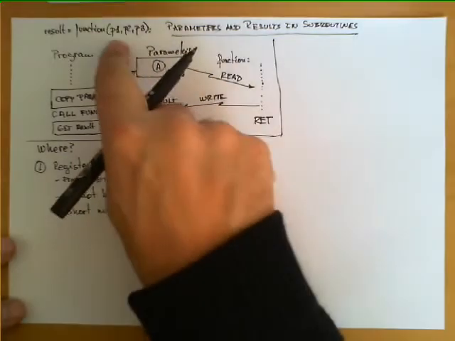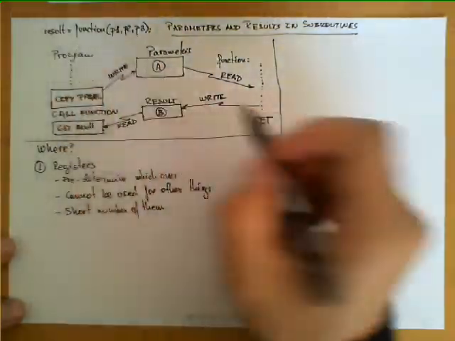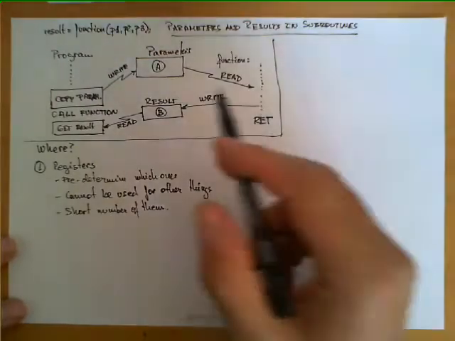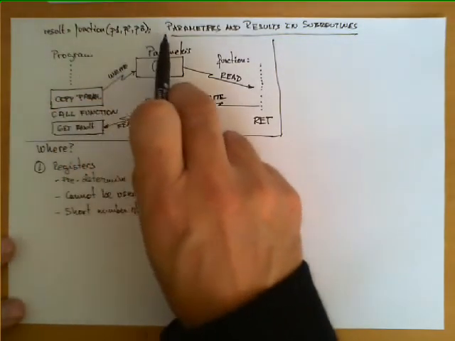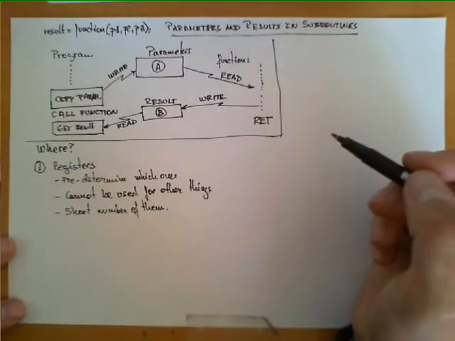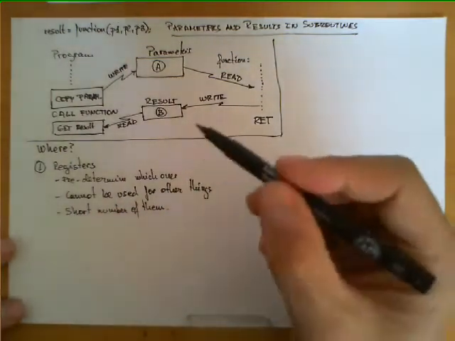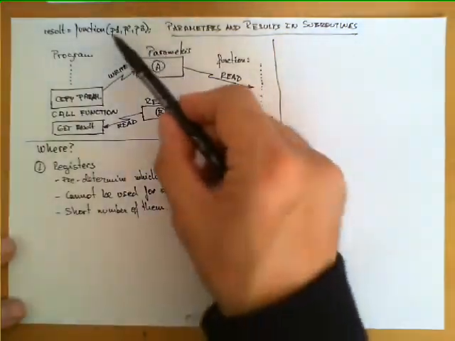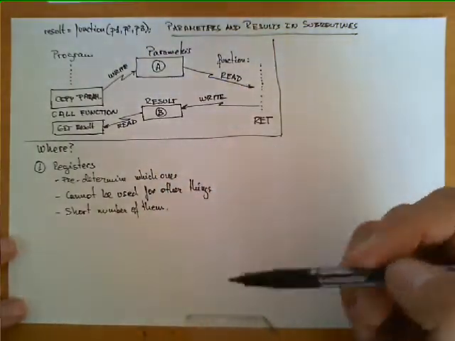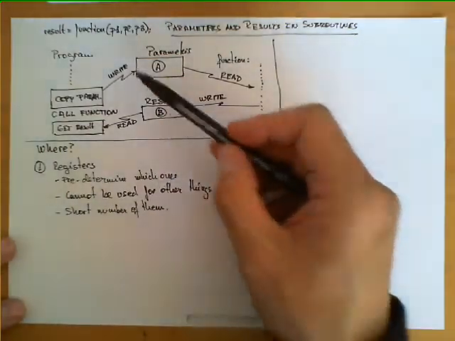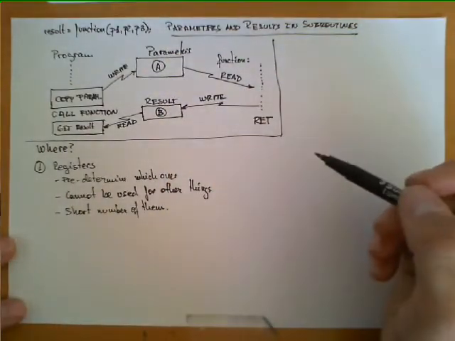So this is an example with 3 parameters, but what would happen if our function has 15 parameters, or even worse, and programming languages allow that, we define a function that has a variable number of parameters. So it doesn't work, or it works only for very specific cases in which the number of parameters is restricted. We need some alternatives for the cases in which we cannot use all the registers or we have too many parameters.